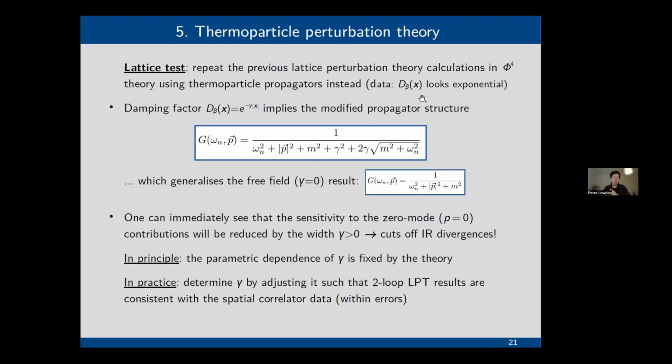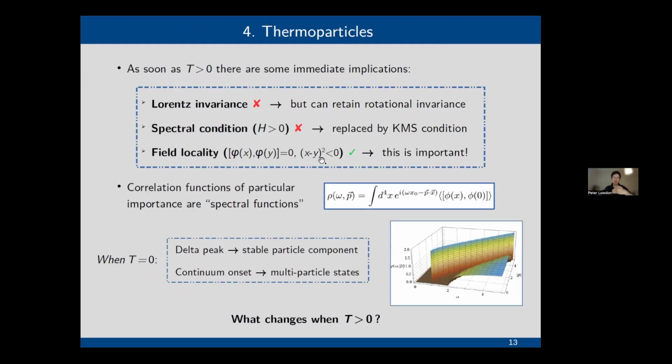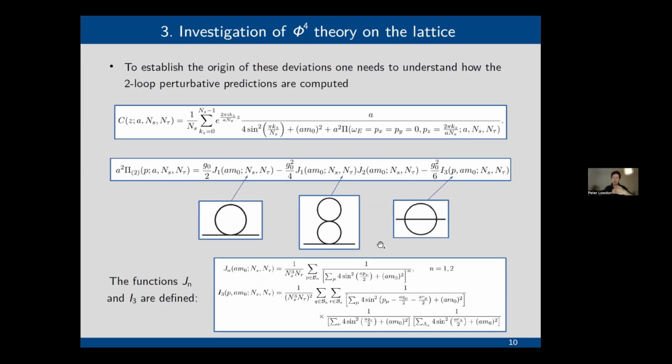As I mentioned before, in a continuum theory, this is fixed uniquely by the theory, or at least there's a principle put forward for how you fix it based on the definition of your scattering states. But what we do is we actually fix gamma from the lattice data itself. We do a lattice perturbation theory prediction, exactly the same business as what was done here, with all of these sums, but now with thermoparticle propagators with this exact parameterization.